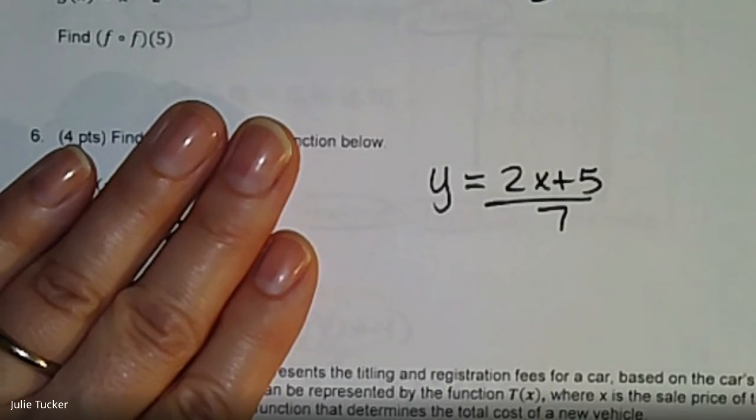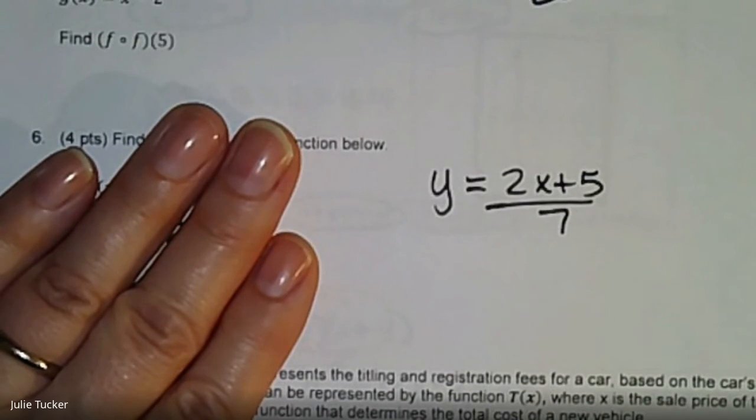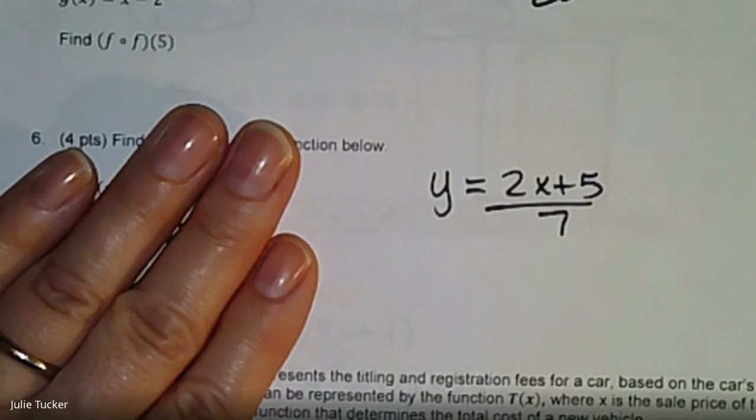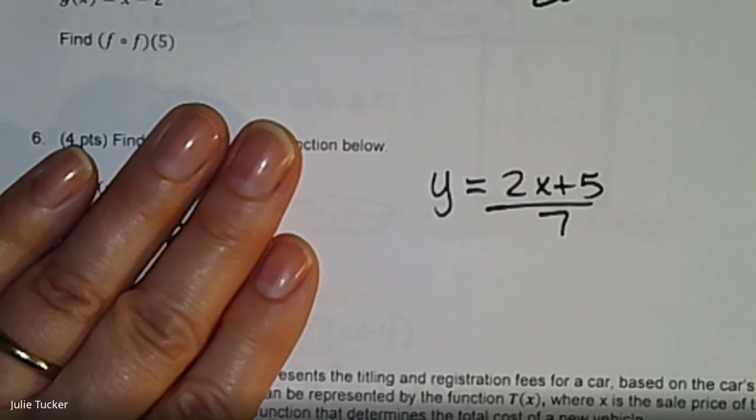So, I'm trying to think if I can think of a way to hint it to you without telling you. Because what you did earlier would give you 2 points out of the 4 points. And that's not going to be enough. You're right that you have to use the opposite operations to solve it and get it isolated.